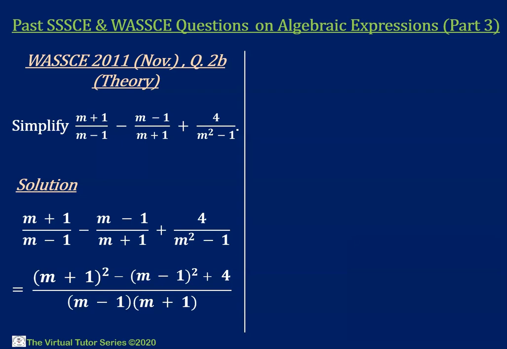Following this rule, (m + 1)² expands into m² + 2m + 1, and (m − 1)² also expands into m² − 2m + 1.